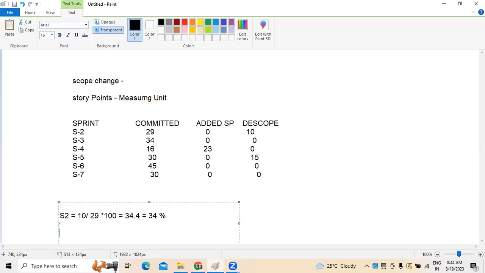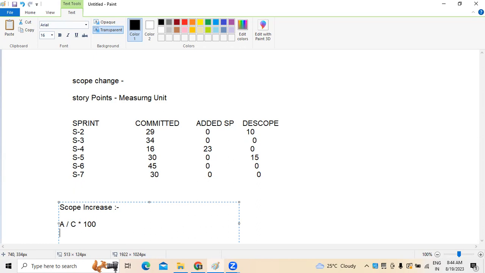Now, whenever we are talking about scope increase, if you want to know about the scope increase, normally the calculation will be as follows: A divided by C into 100.